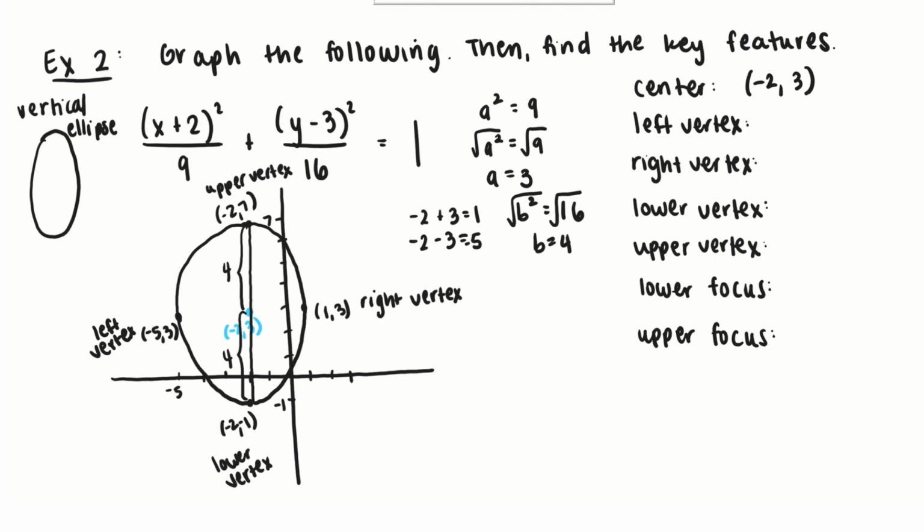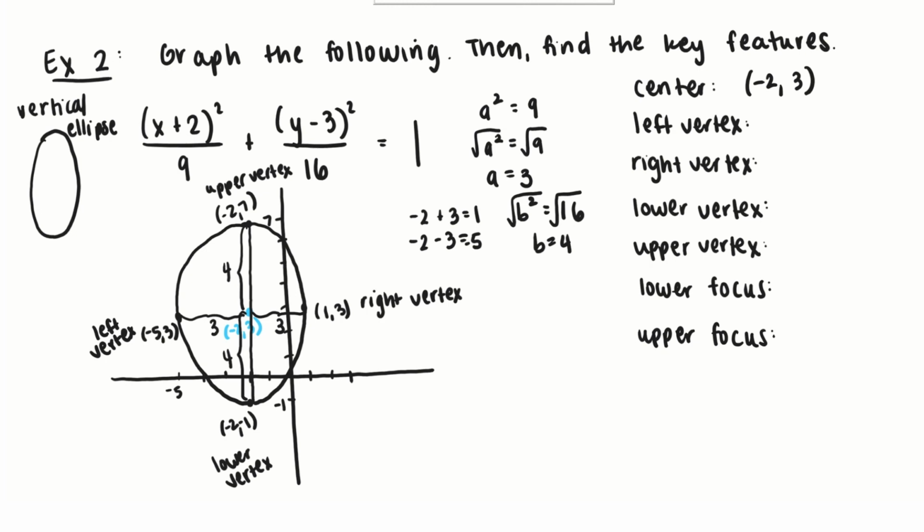So that entire length was 8, and then the distance across here was 3 and 3, because 3 was my a value, so the horizontal distance was 6 in total. So that's why this is a vertical ellipse, because the vertical line, or the major axis, is longer vertically.